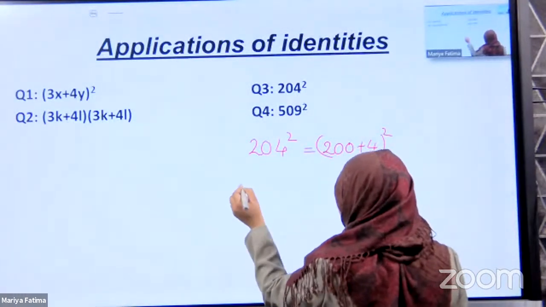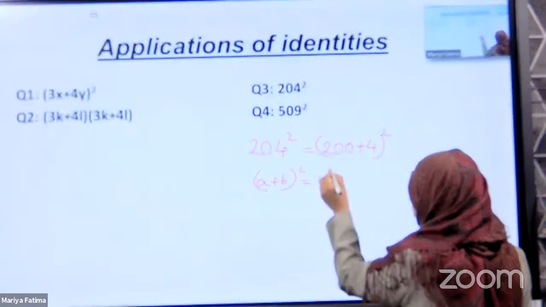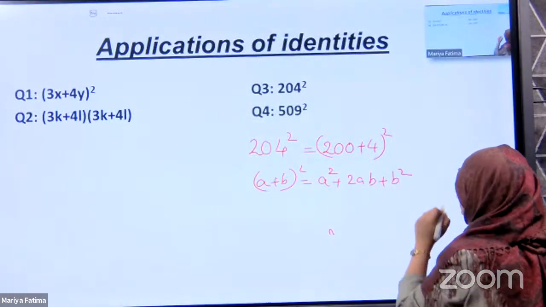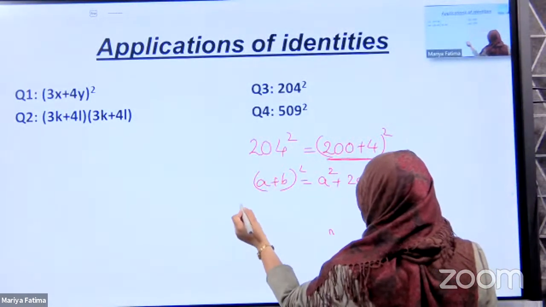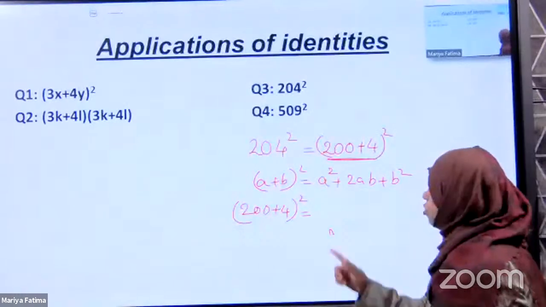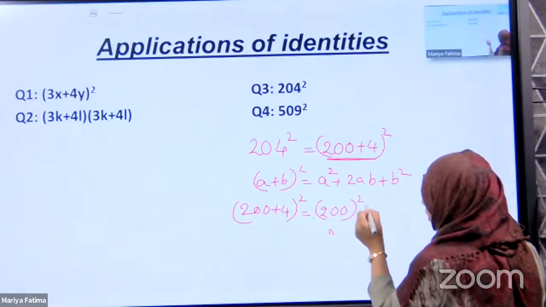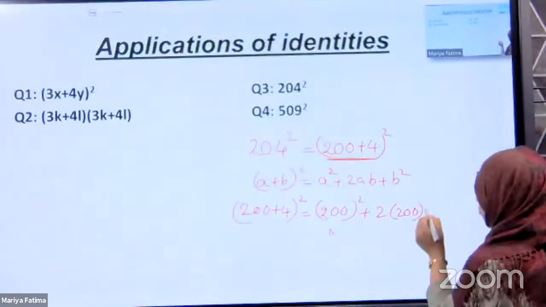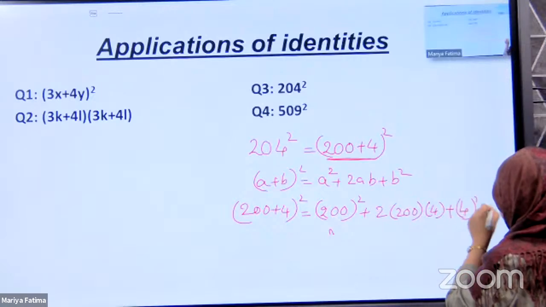What is the identity? (a plus b) whole square is equal to a square plus 2ab plus b square. So (200 plus 4) square will be equal to a square, what is the value of a? 200. So 200 square plus 2 into 200, what is the value of b? b is 4, then plus 4 whole square.